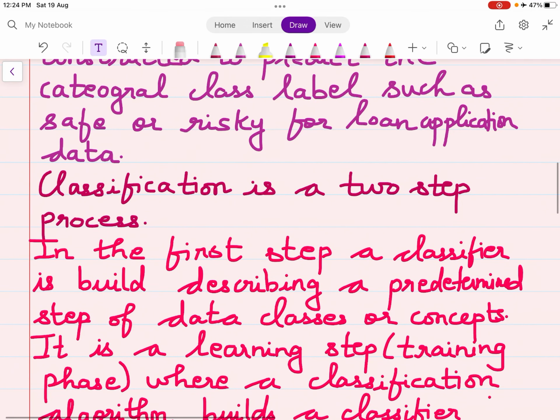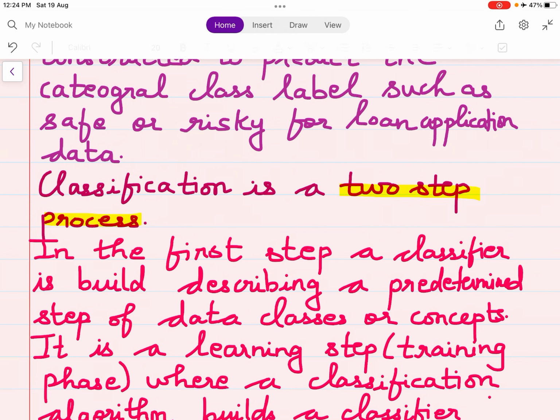Classification is a two-step process. In the first step, you will be dealing with the training data set, and with the help of training data, you will make the model. First is training and second is testing of the data.